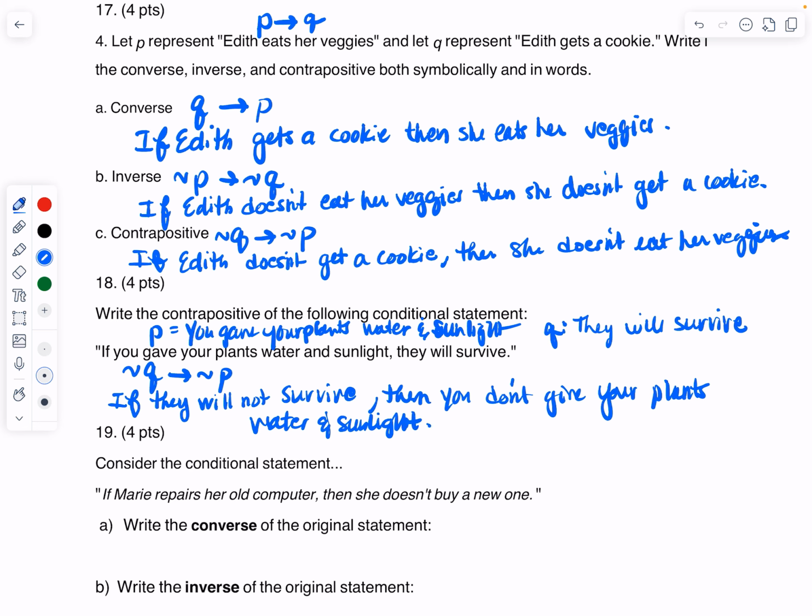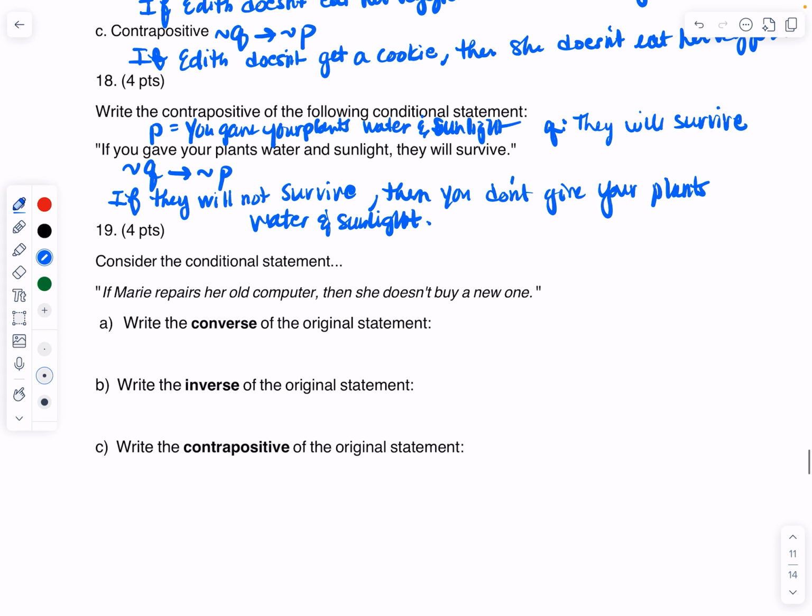Okay. 19. Consider the conditional. If Marie repairs her old computer, then she doesn't buy a new one. So Marie repairs her old computer is going to be P, and she doesn't buy a new one is Q. Write the converse.